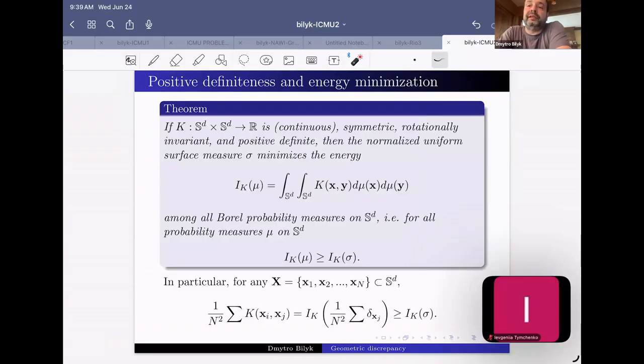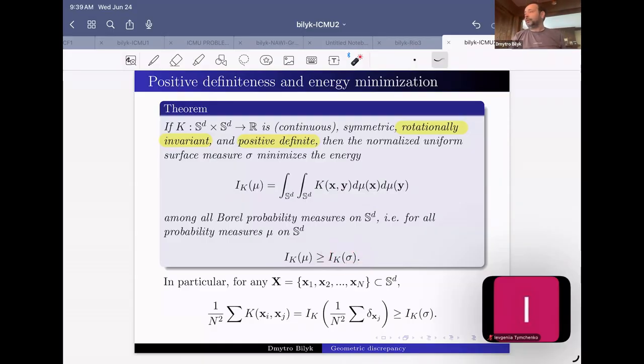So assume you have a continuous, symmetric, rotationally invariant, very important, rotationally invariant and positive definite function on the sphere. Then the normalized uniform surface measure, normalized Lebesgue measure, minimizes this energy integral among all probability measures. In other words, no matter which probability measure you stick in here, the energy of the uniform measure will be less than or equal to that.